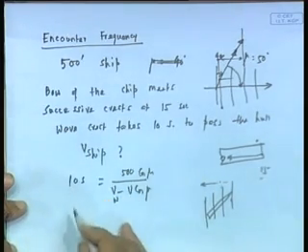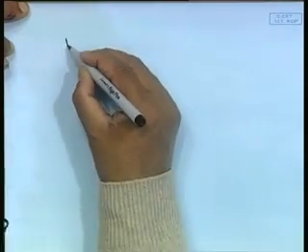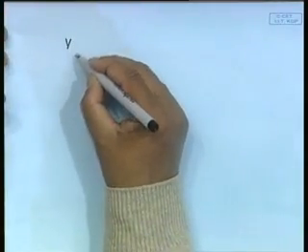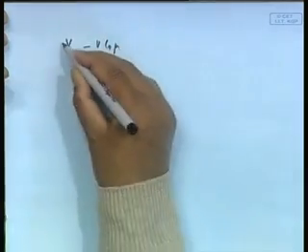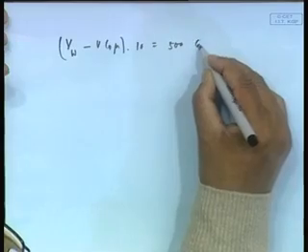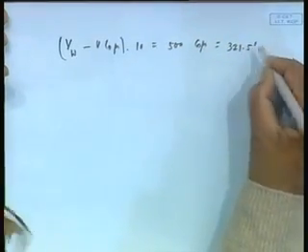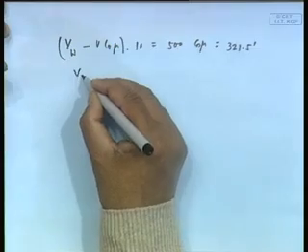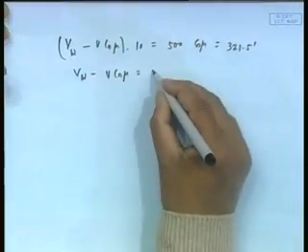So from there, if I use this expression, we end up getting Vw minus V cos mu into 10 equal to 500 cos mu, which will turn out to be Vw minus V cos mu equal to 32.5.